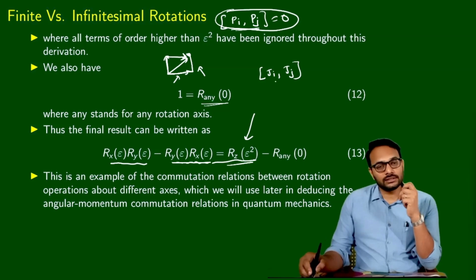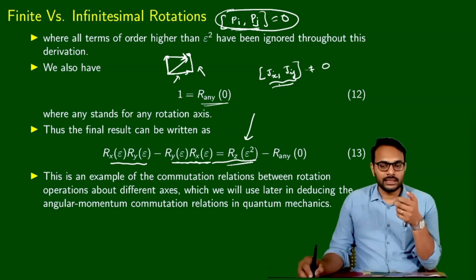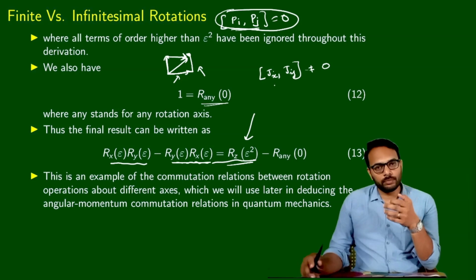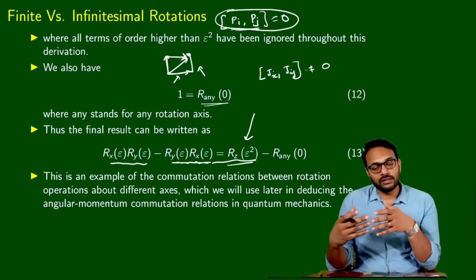This is going to give us the result that the components of angular momentum operators, for example the commutator of Jx and Jy, is not equal to 0. This exact commutation relation will define all the properties of these operators, especially the eigenvalue spectrum.